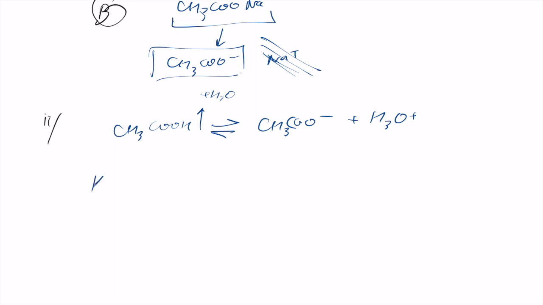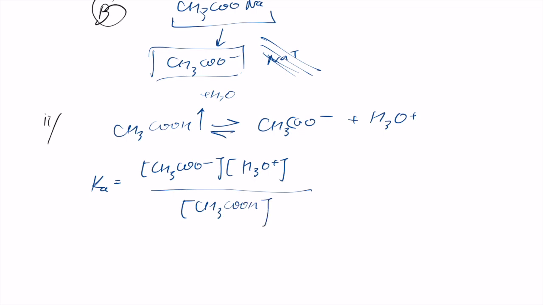But Ka, the acid dissociation constant, is equal to the concentration of the ethanoate ion times the concentration of the hydronium ion, or just H plus, over the concentration of the actual ethanoic acid itself.